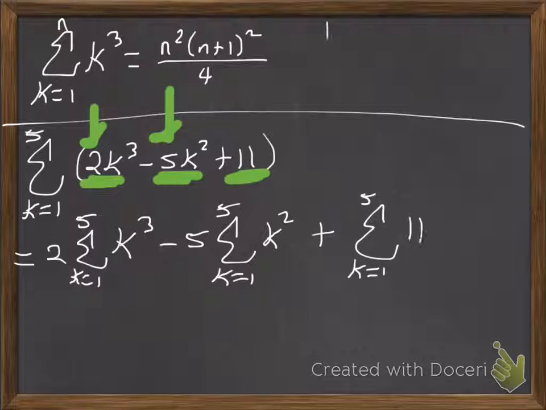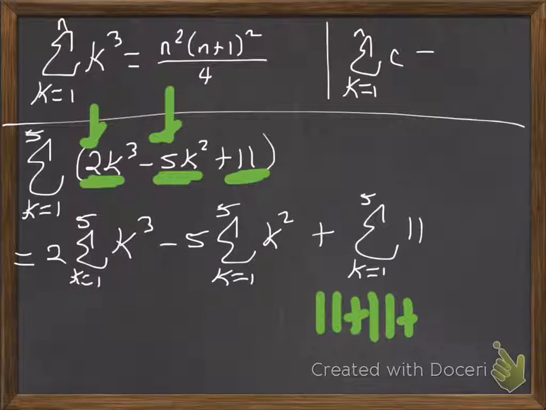I didn't mention this property, but I'm going to put it up there. If I have the sum from k equals 1 to n of some constant c, all that means is I'm adding up c n times. So for example, k equals 1 to 5 of 11 is just 11 plus 11 plus 11 plus 11 plus 11, 1, 2, 3, 4, 5 of them.